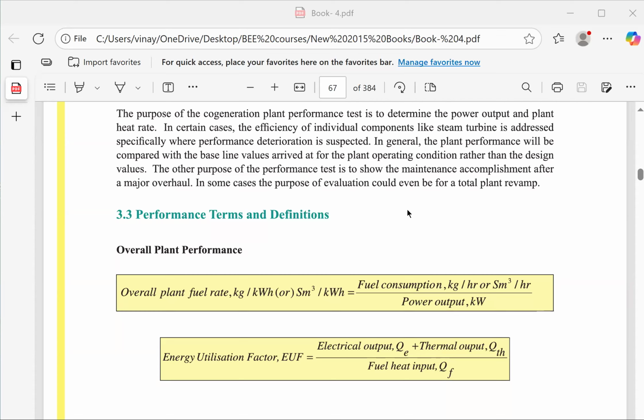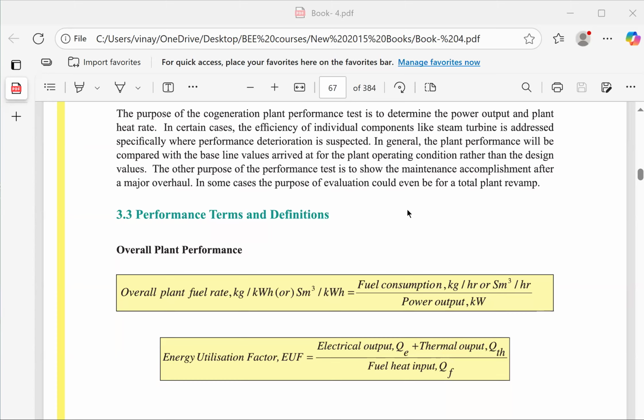The electrical output in kWh is equivalent to 860 kilocalories, so whatever energy is generated, you multiply it by 860. Why? Because the numerator and denominator have to be in the same units. If the denominator is in kilocalories, obtained from fuel in kgs multiplied by the gross calorific value, then in the numerator the electricity generated in kWh is multiplied by 860, the conversion factor to heat.